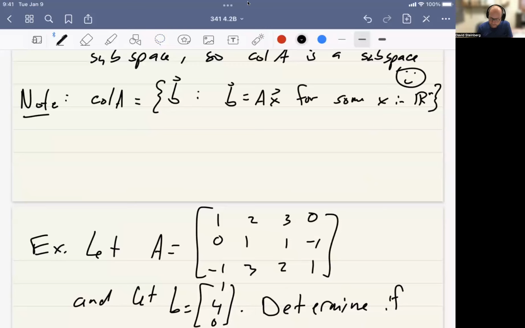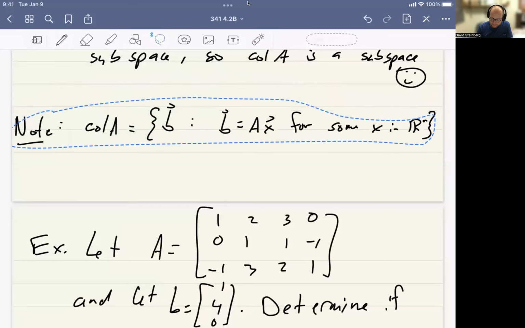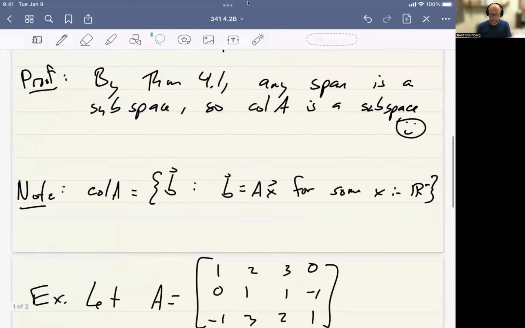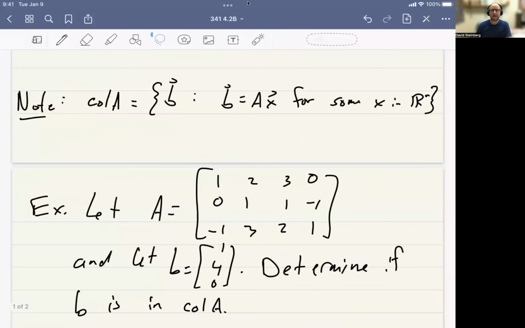There's a little note about another way of writing down what the column space is equal to.